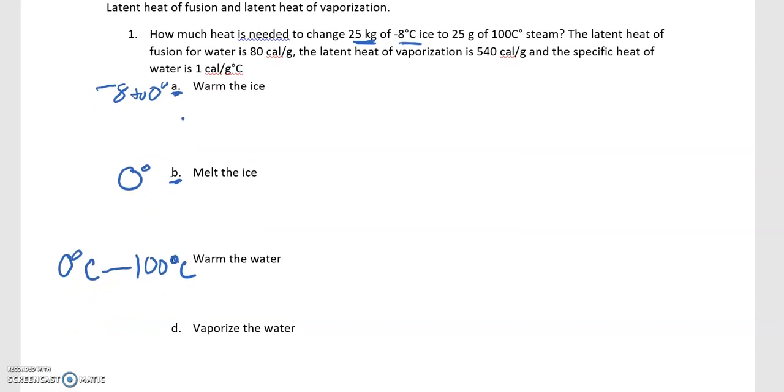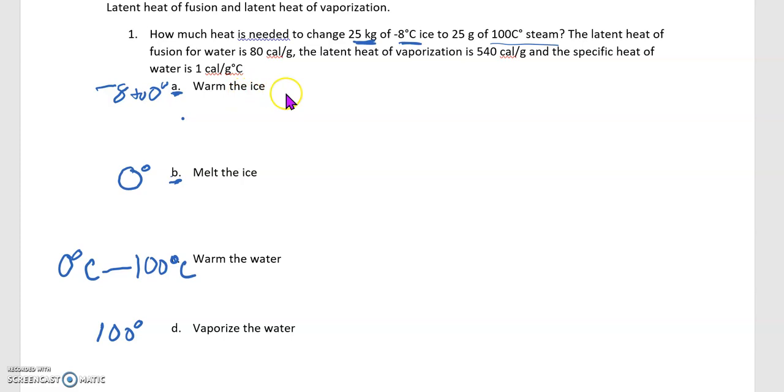It'll start to boil. And then that'll take us into another phase change where our temperature doesn't change, stays at 100 degrees Celsius until all that water is vaporized, which will then lead us to that 100 degrees Celsius steam. So we're going to have 4 different components of this problem that we're going to have to work through.